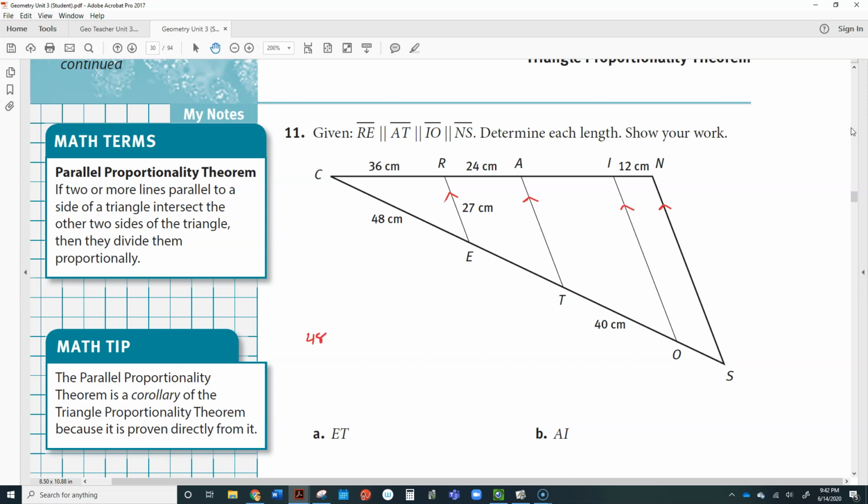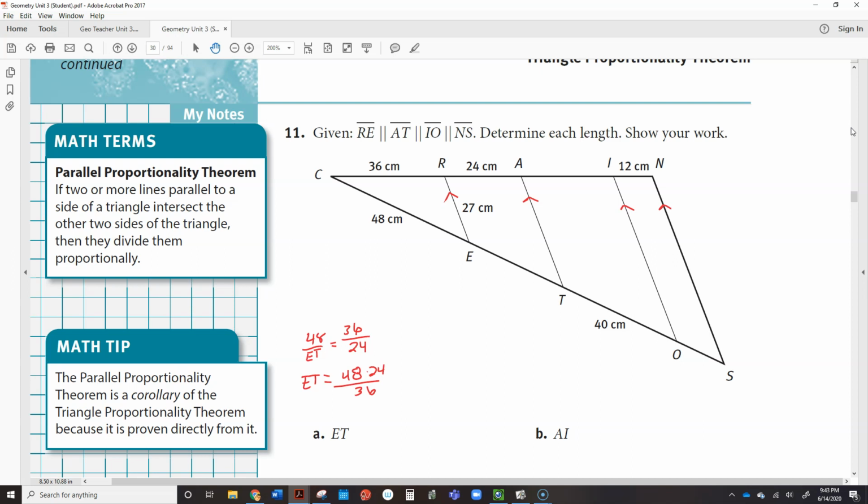So we'll take these two pieces. 48 over ET is equal to 48 corresponds to 36, and 24 corresponds to ET. Cross multiply and divide, so ET is equal to 48 times 24 divided by 36.